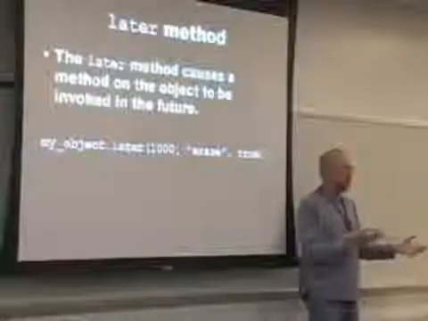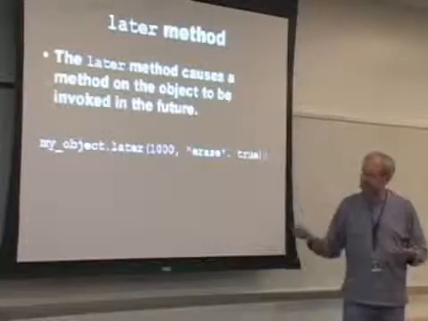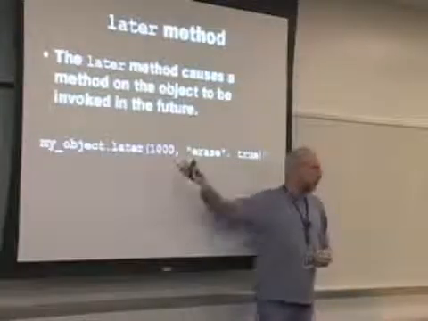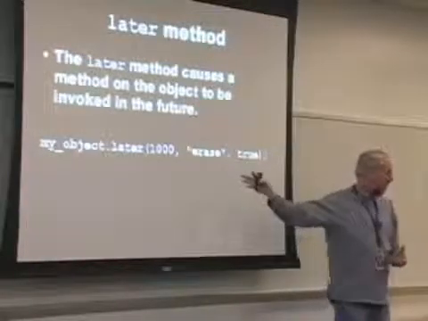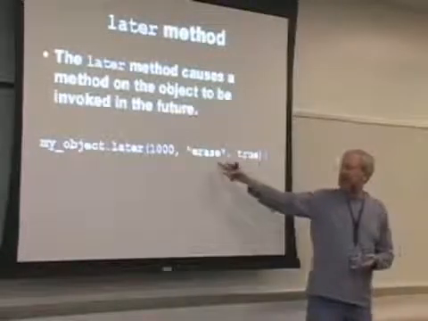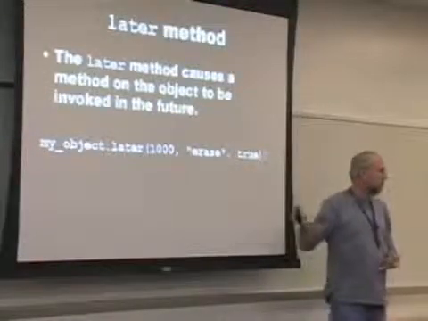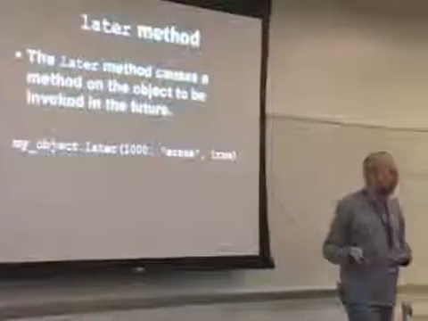And so we'd like to be able to talk about time using the same object notation that we do everything else. So I propose a later method, which we can call on any object, and we'll pass it some amount of time, and say, in 100 milliseconds, let's call myObject.erase and pass it true as its parameter. So you can imagine a lot of UI situations where something like that would be very useful.